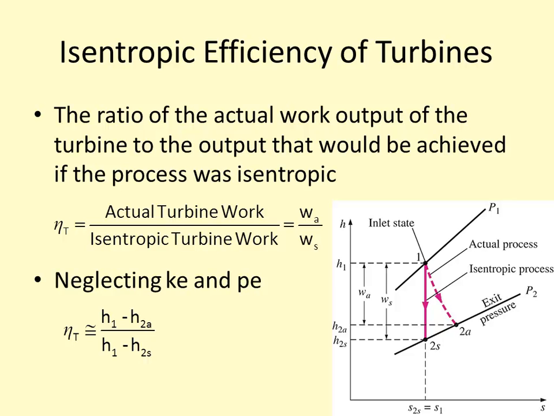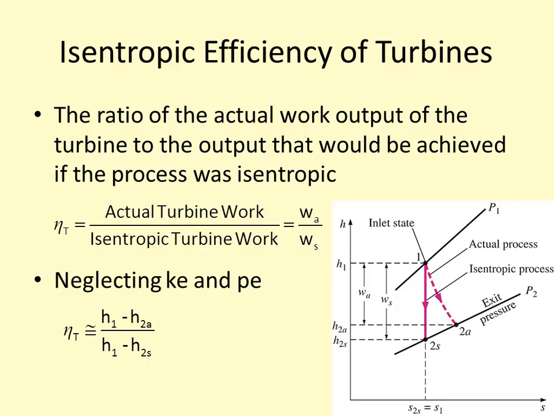So if we look at the h-s diagram, and if you remember from before, earlier in the chapter, we talked about how this enthalpy term sort of gives an indication of the energy output of the system, and the s gives an idea of how irreversible the system is.